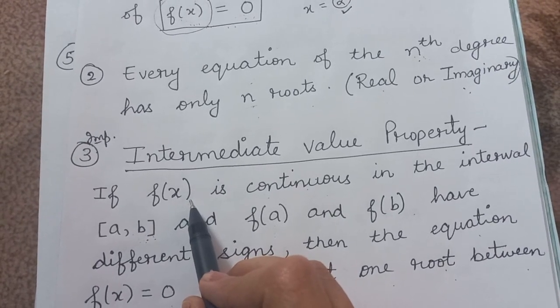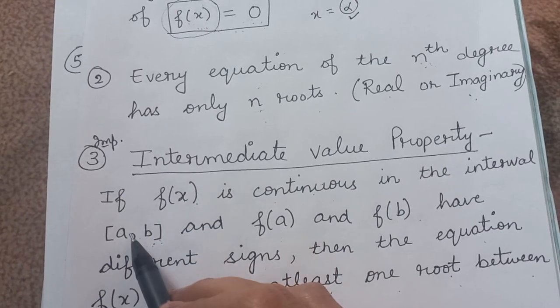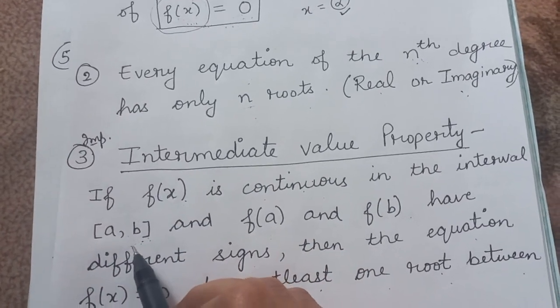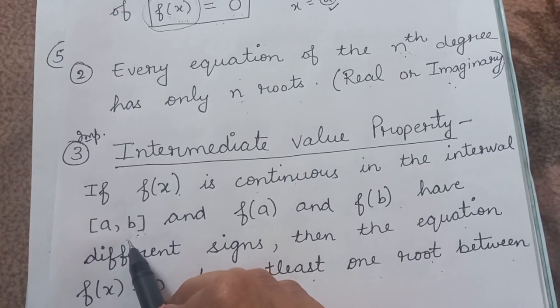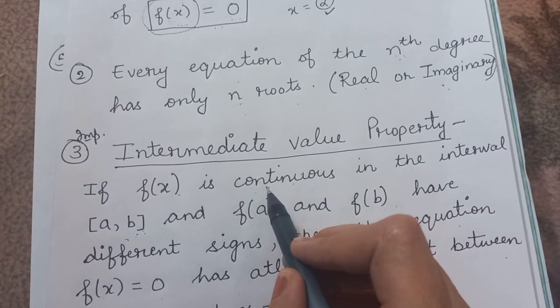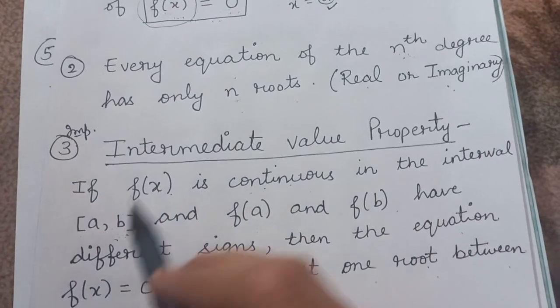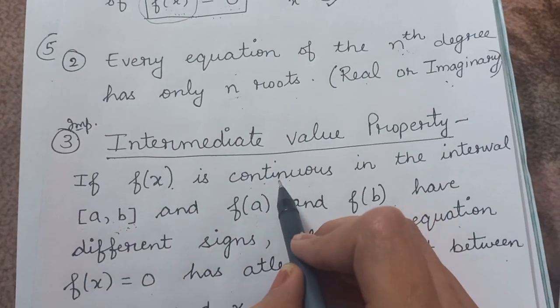Or if you talk graphically, when you trace the graph of this function in this interval, it will be an unbroken curve. That's why we call this continuous. So this is the first condition. You will check that in the closed interval a comma b, your function is continuous.